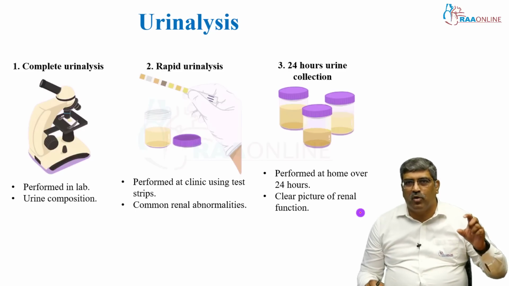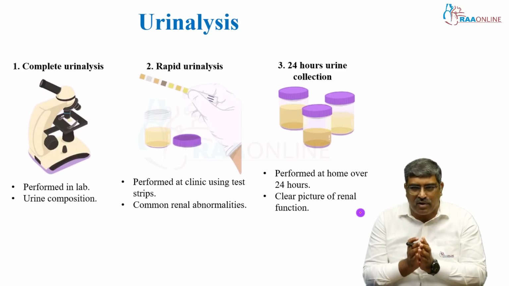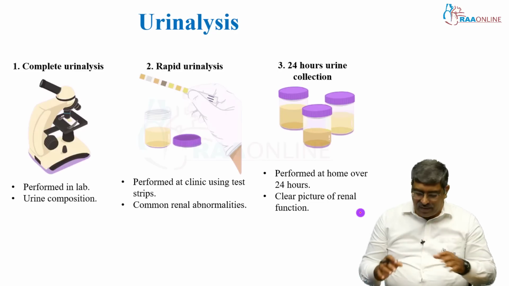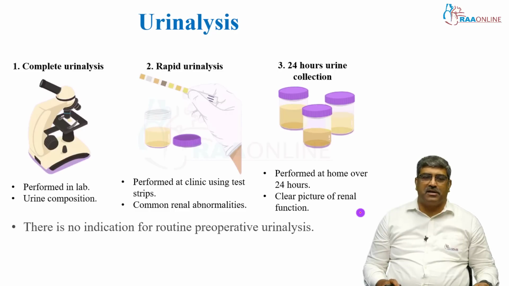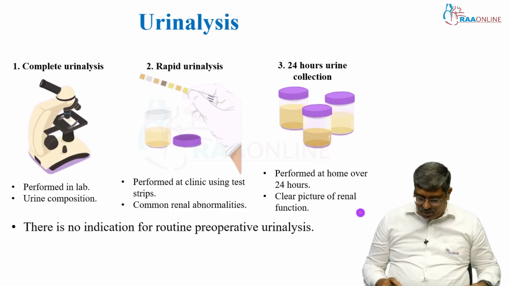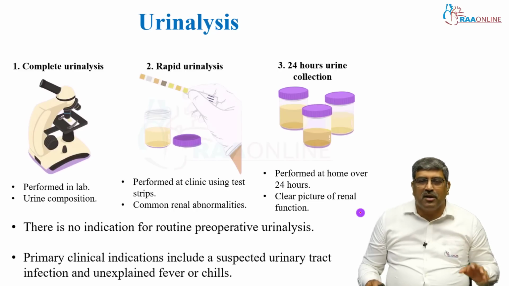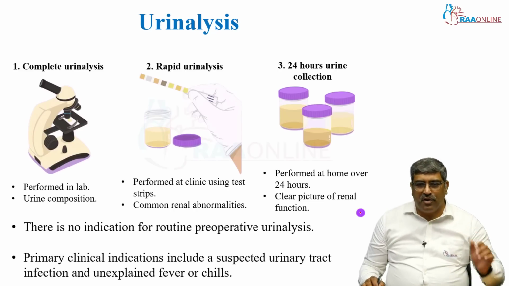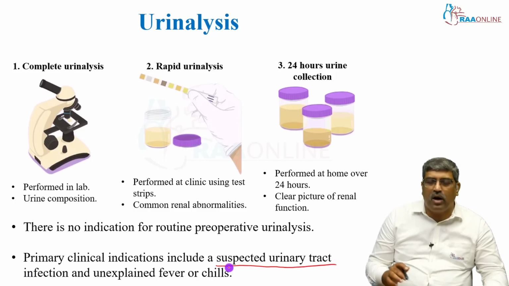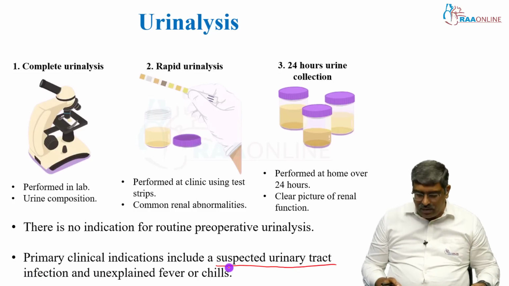It is performed at home and the urine is collected over 24 hours and it gives a clear picture of both tubular as well as glomerular function. There is no indication for routine preoperative urine analysis. The primary clinical indications for urine analysis include a suspected urinary tract infection or unexplained fever or chills.